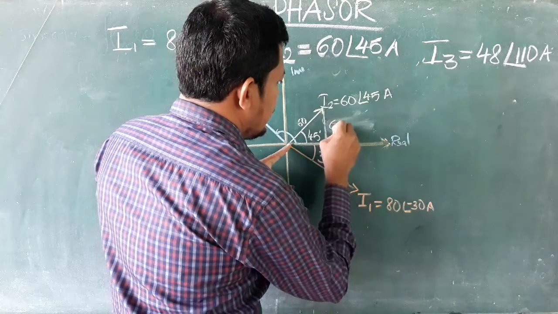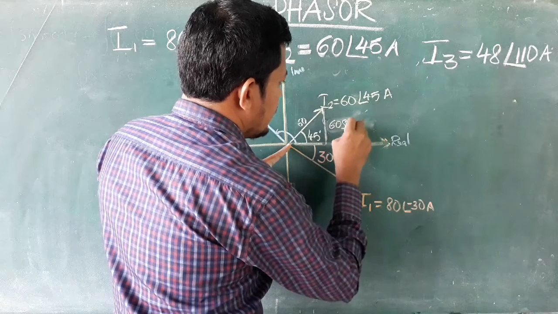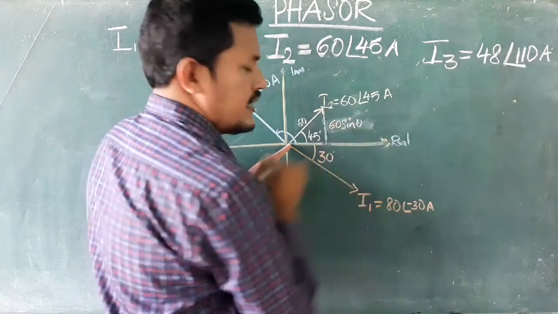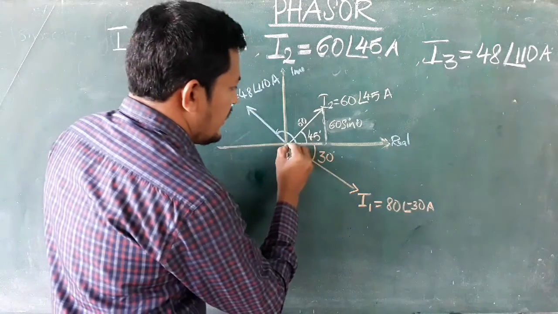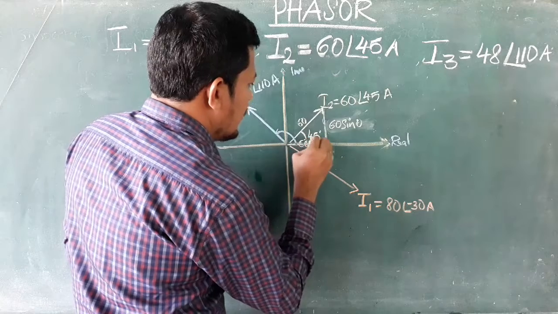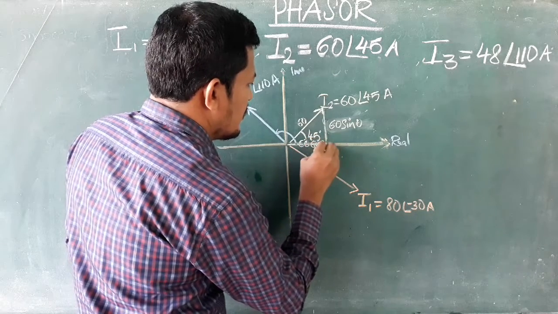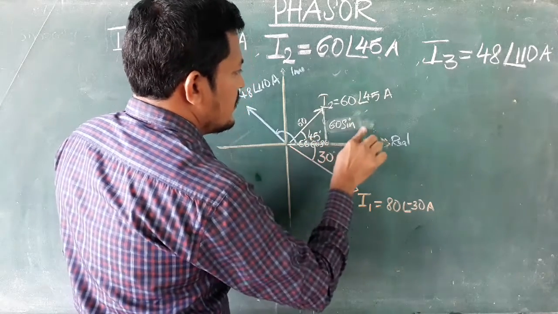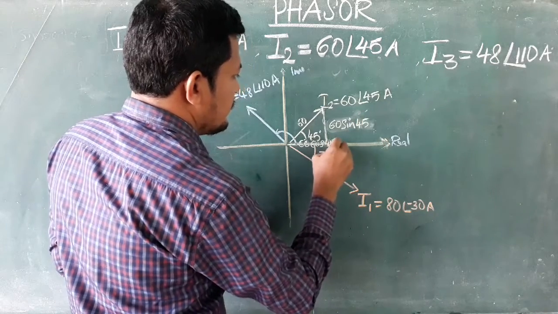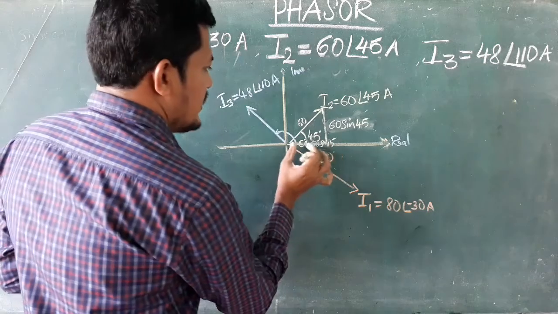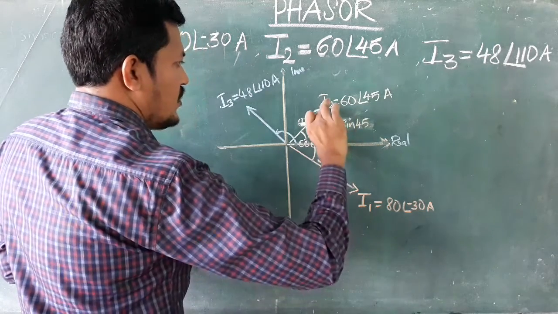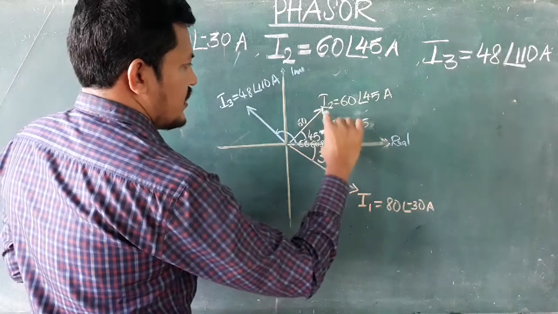This side length is 60 sine theta. Similarly, we can write this side cos component is 60 cos theta. Here theta is 45. Clear? So its cos component is 60 cos 45 and its sine component is 60 sine 45.